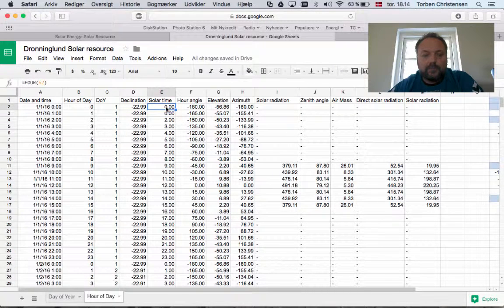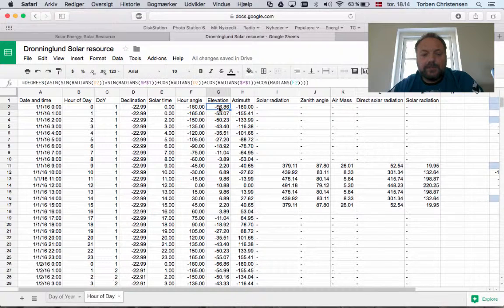Solar time is basically the hour of day. An hour angle is the angle linked to that solar time, going from minus 180 to 0 in the midday, and again to 180.